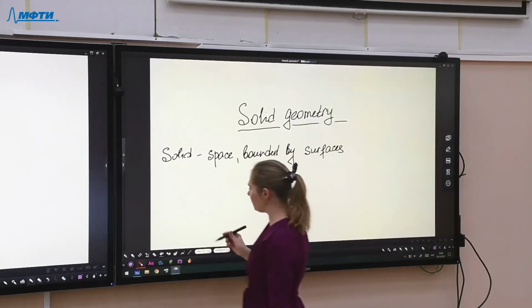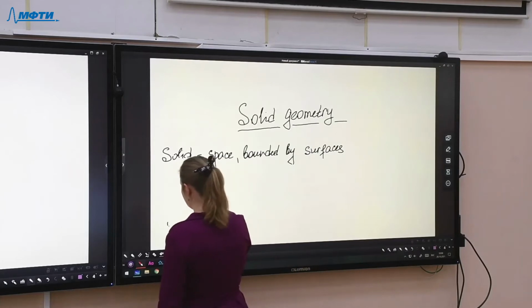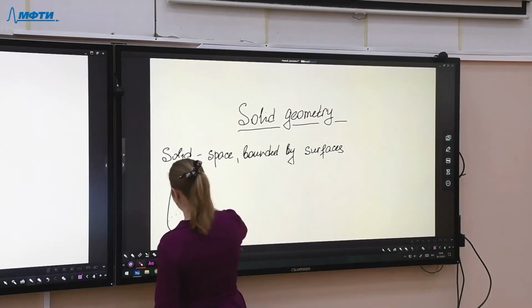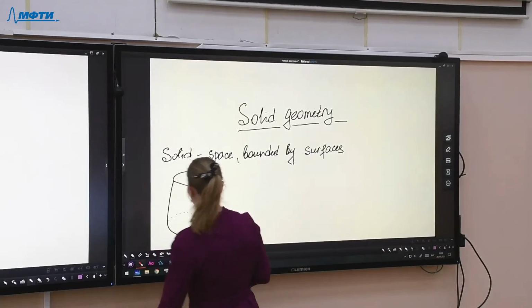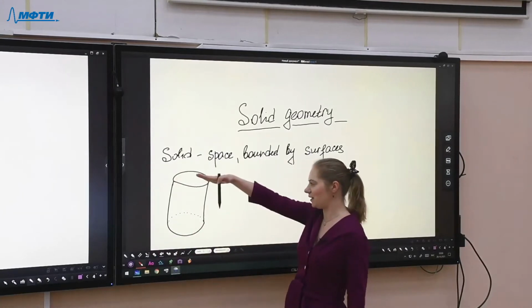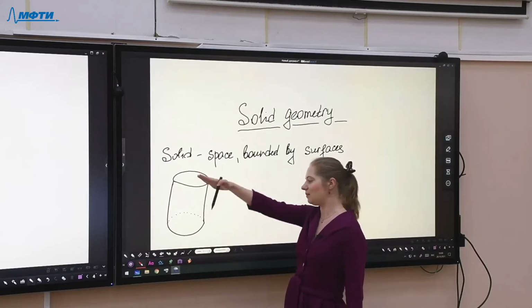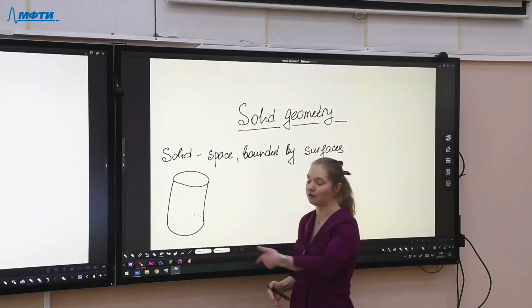For example, we can consider a cylinder. Further, we will give the strict definition of this figure. Here we have 2 parallel planes, 2 bounds, and also 1 curved surface.